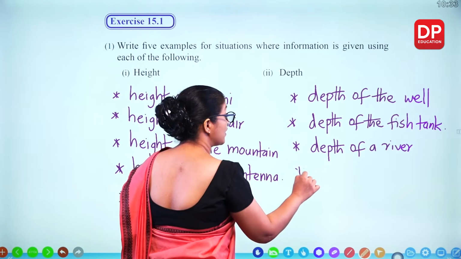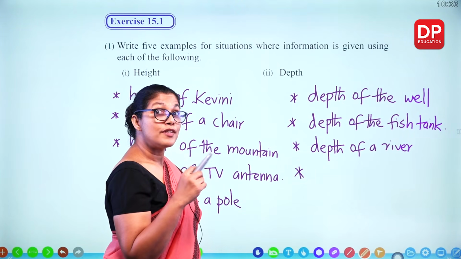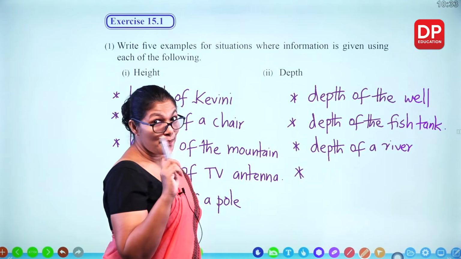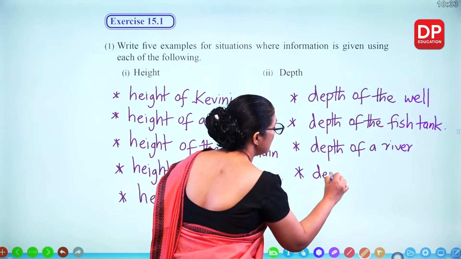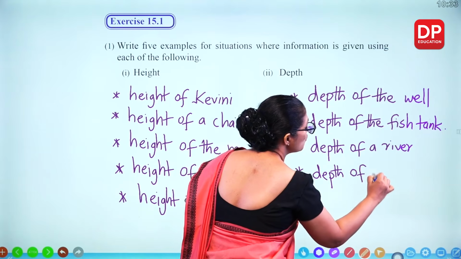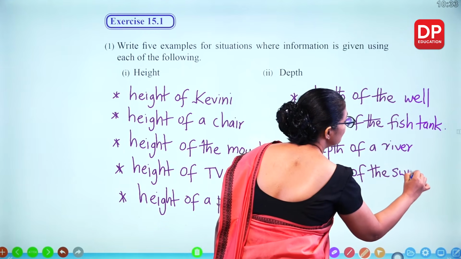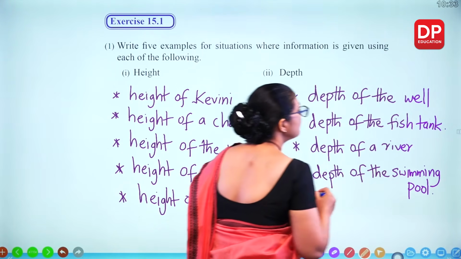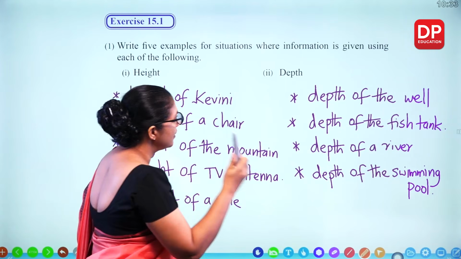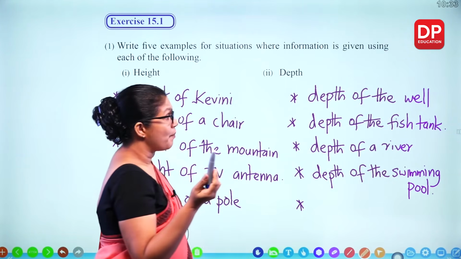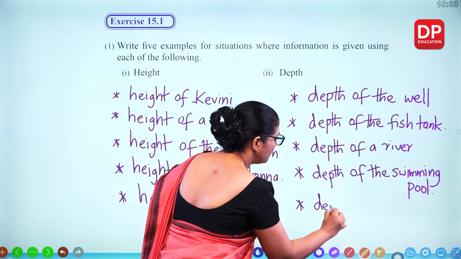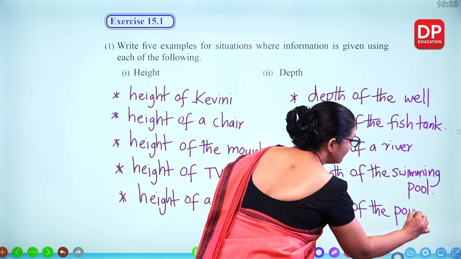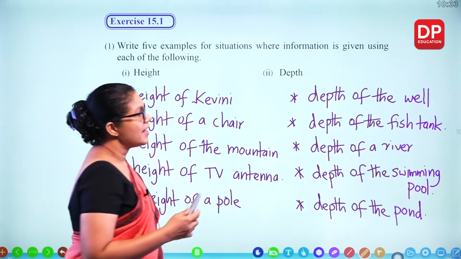And what else? Depth of the swimming pool. That's what we need to know before we jump into the pool. And depth of the pond. So you can write any 5.